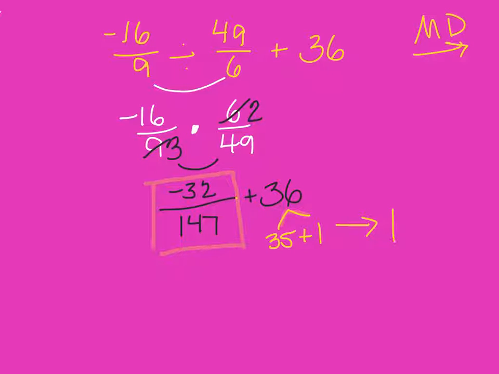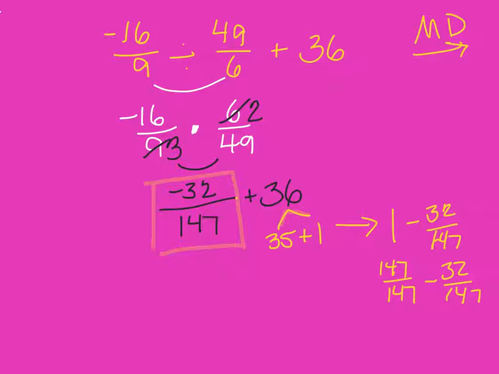So I've got 1 minus 32 over 147. Well, that's 147 over 147 minus 32 over 147. I take 32 away from 147.